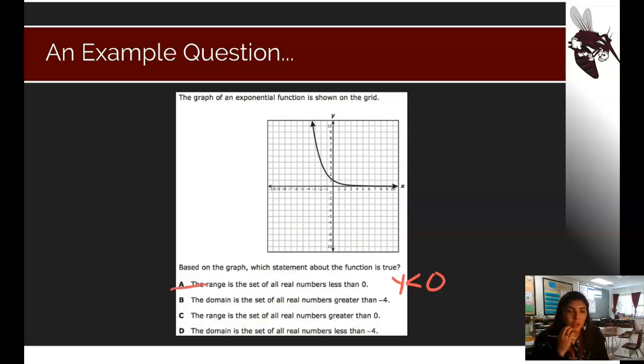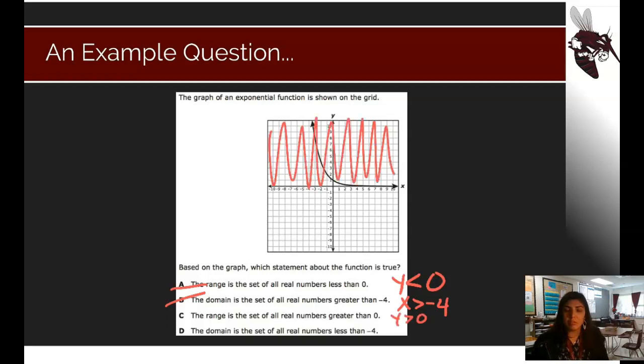Next one says the domain is the set of all real numbers greater than negative 4. Okay, well, here's where x is greater than negative 4, but don't I know that this is going to keep extending out if I zoomed out? That would be not true. Range is the set of all numbers greater than 0, so y greater than 0. Does my entire graph appear above 0?